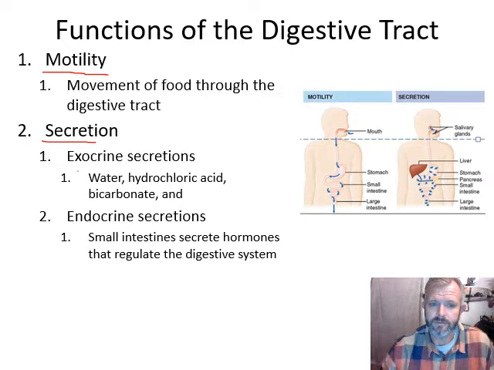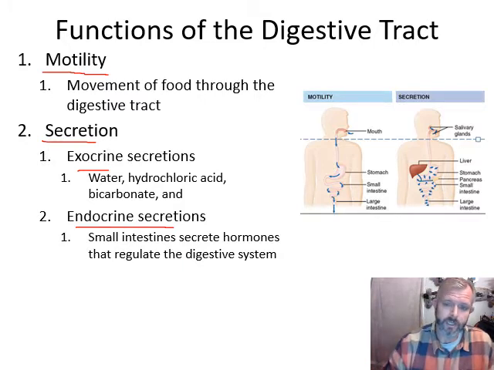We have exocrine. We're going to secrete material into the digestive tract to aid in the digestion and movement and so forth. And we're also going to have endocrine secretions by the cells of the digestive tract.